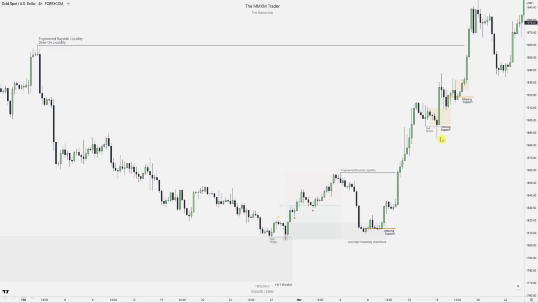So this is what you want to see when you are bullish: engineered liquidity above market price, which is over here, right? We have these failure swings up here. So there's buy side liquidity, right? High resistance liquidity run. And in the process of that high resistance liquidity run, we're forming a high probability order block.